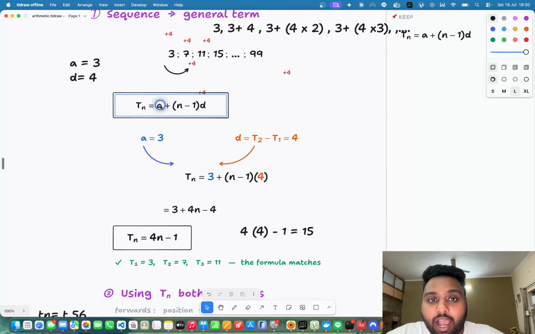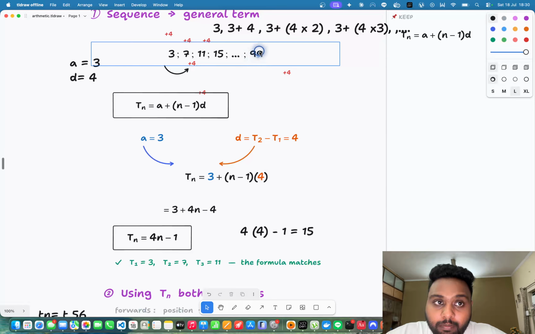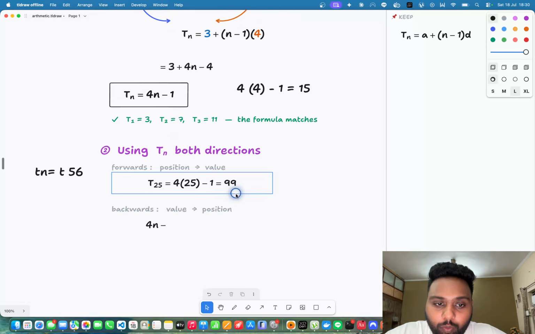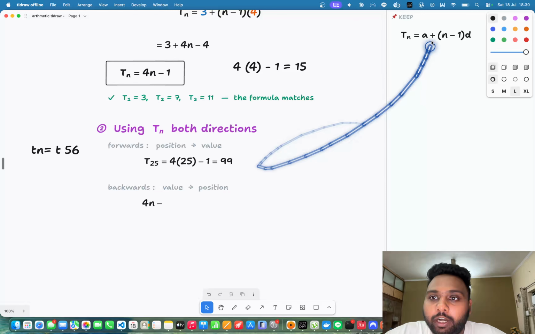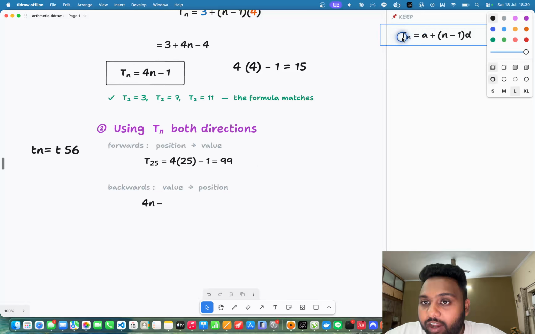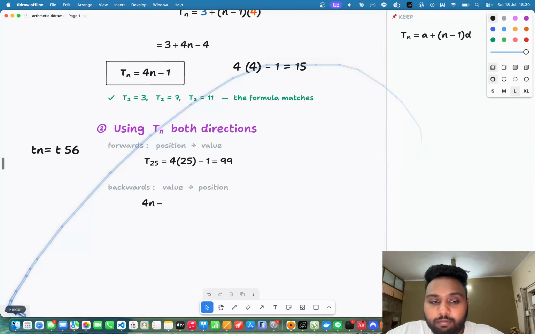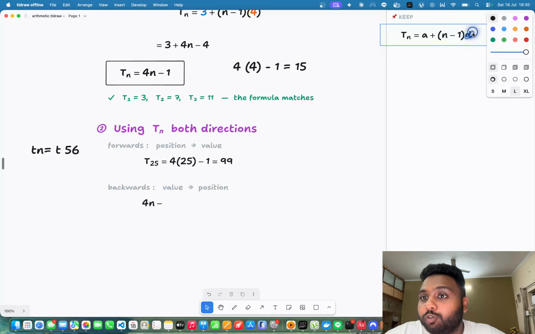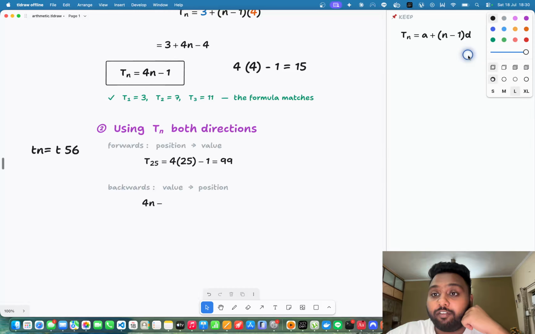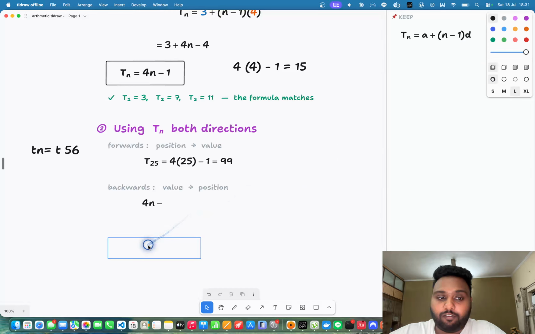If we are given a term in a sequence, if we are given t of n in any sequence, we can tell what position it occurs at. So we have this simple formula, and we can determine n if t of n is given, or we can determine t of n if n is already given. Of course, a and d are something you are expected to derive from looking at the series yourself.